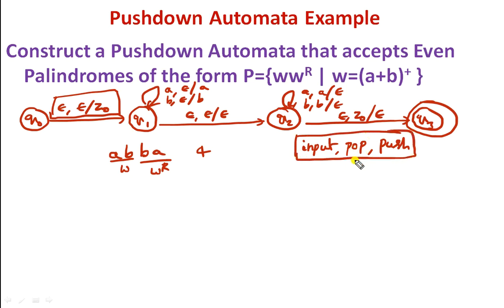The second symbol represents the symbol to be popped, which must be the top of the stack, and the third symbol represents the symbol to be pushed onto the stack. So this is the notation of these three symbols. If you want to know more elaborately, you can watch my previous video. As of now, remember input, pop, push.